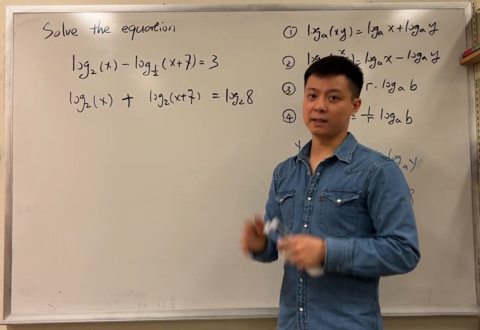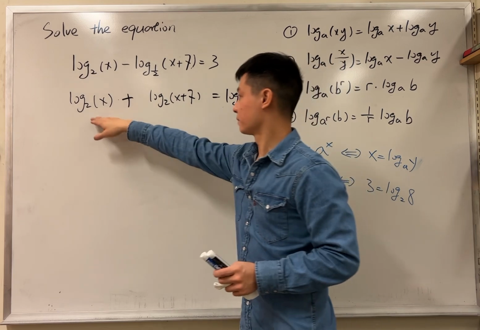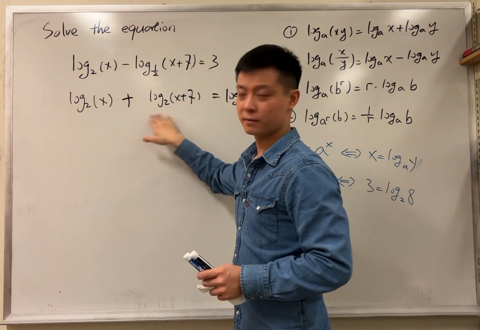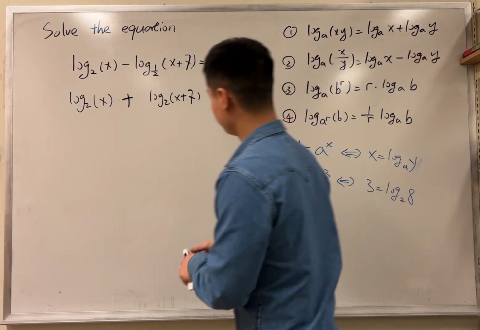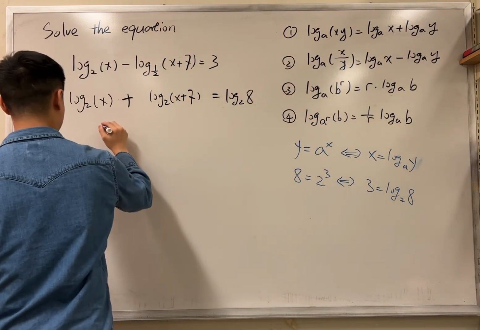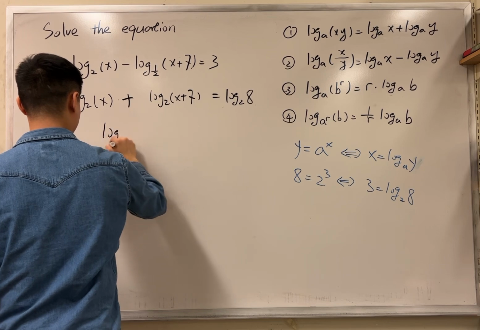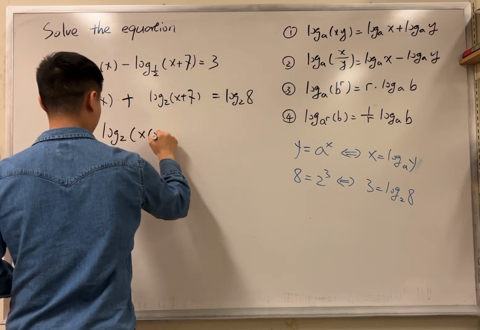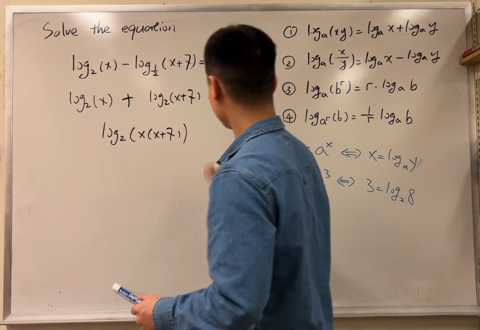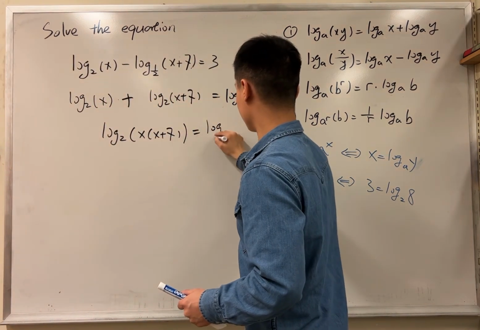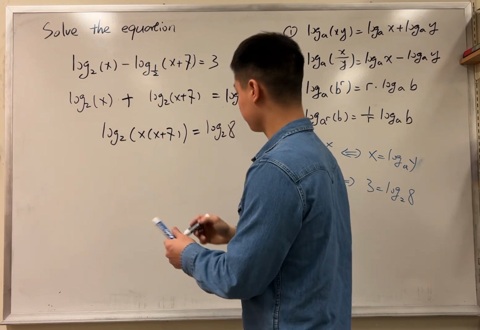Next step, it is obvious that we need to kind of combine these two forms. We will use rule number 1 that says so. So we turn this into log base 2 of x times x plus 7 because they have the same base. And then we have log base 2 of 8 on the right side.